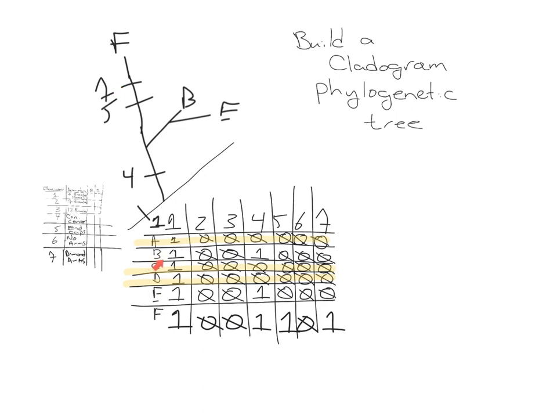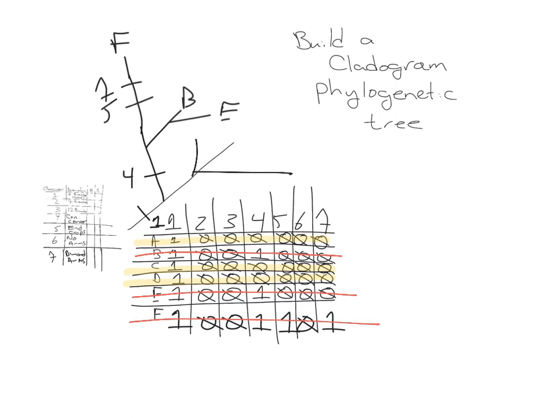So now, which ones did we just do? We did B, E, F, A, C, and D. There's no real way for us to distinguish between them, simply because we don't have enough characters to distinguish them.